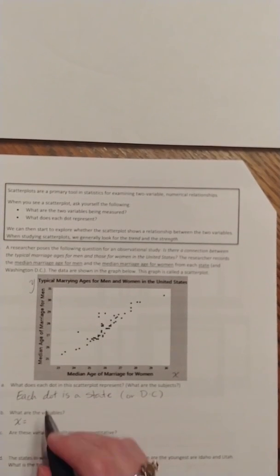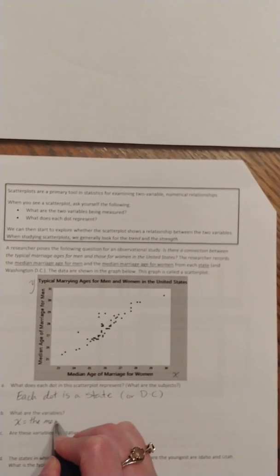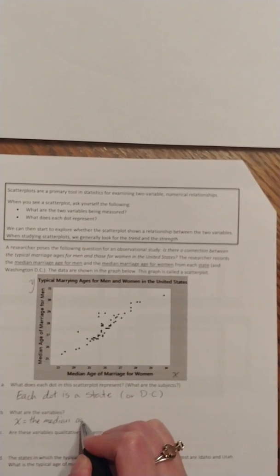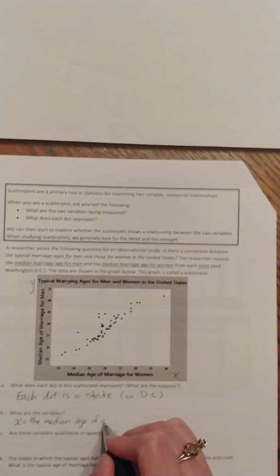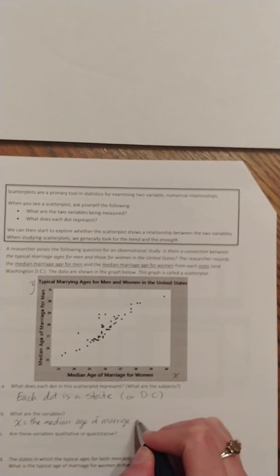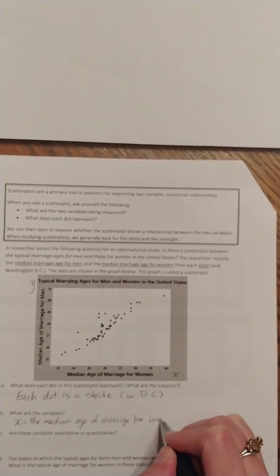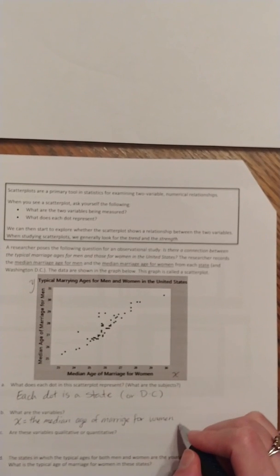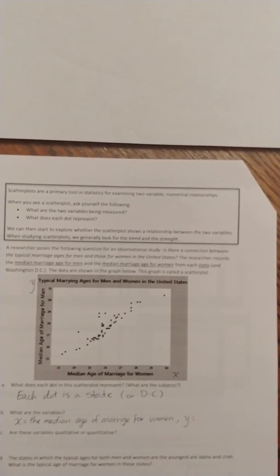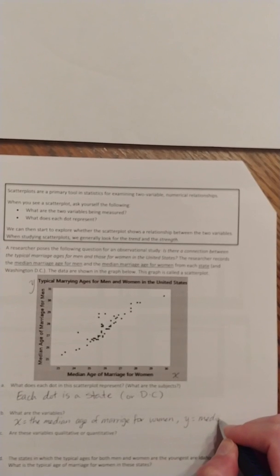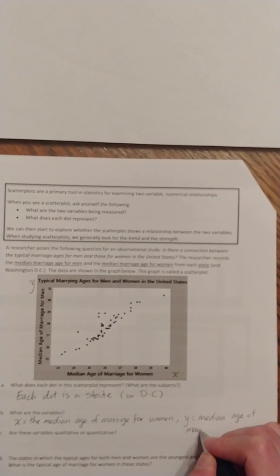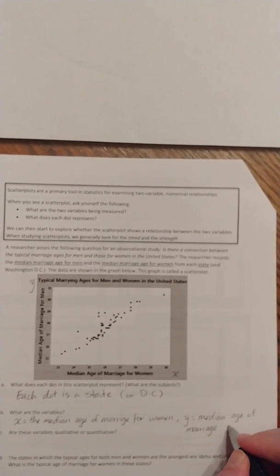Our x variable is the median age of marriage for women, and y will be the median age of marriage for men. And as you can see, the labels on the graph really tell you what the variables are going to be.